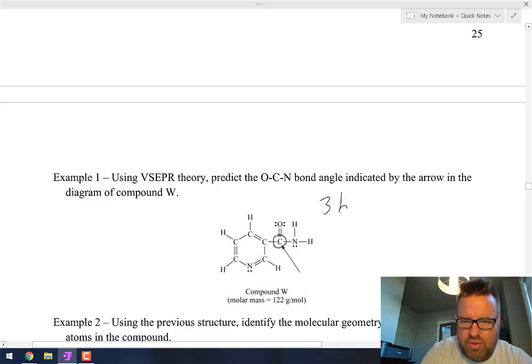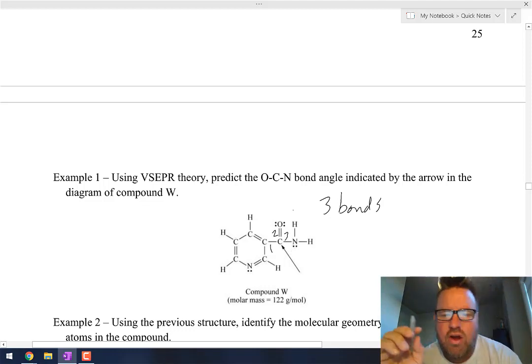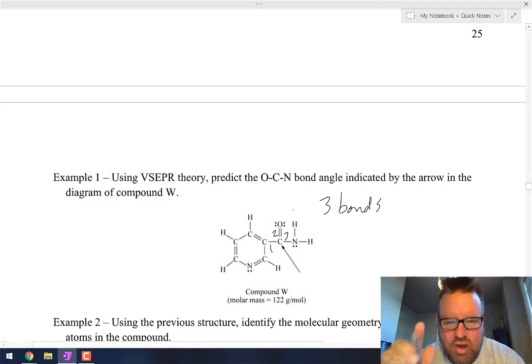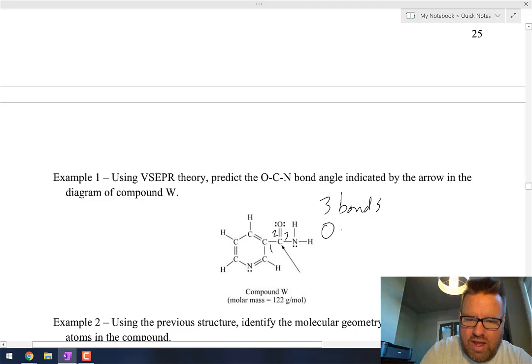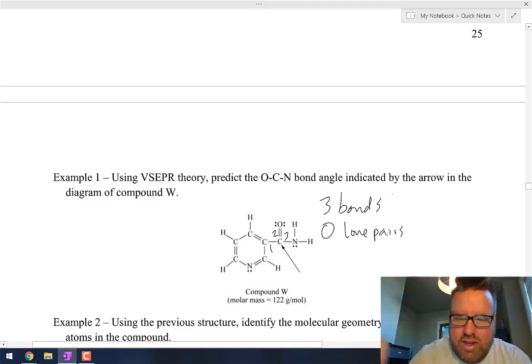There are 3 bonds. Remember, a double bond counts as one bond. So we've got 1, 2, 3 bonds. And are there any lone pairs on that carbon? Again, don't look at any other element, just the carbon in question. No, it has 0 lone pairs, or 0 non-bonding electron pairs.